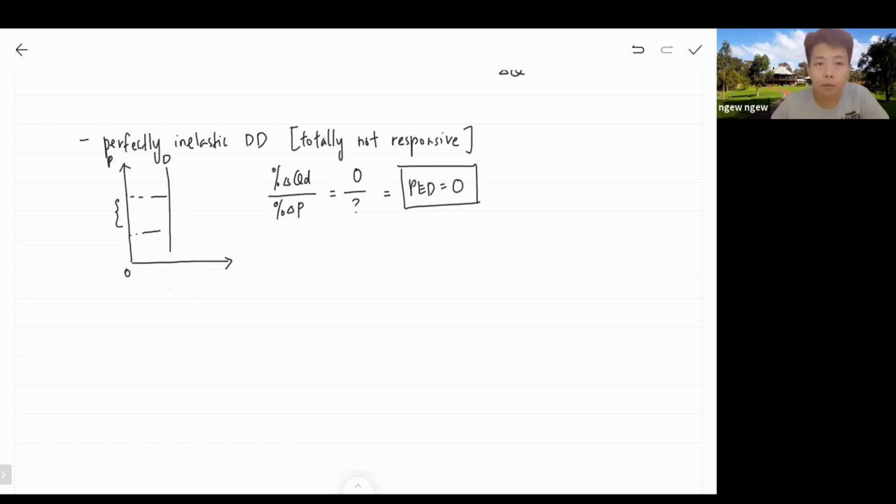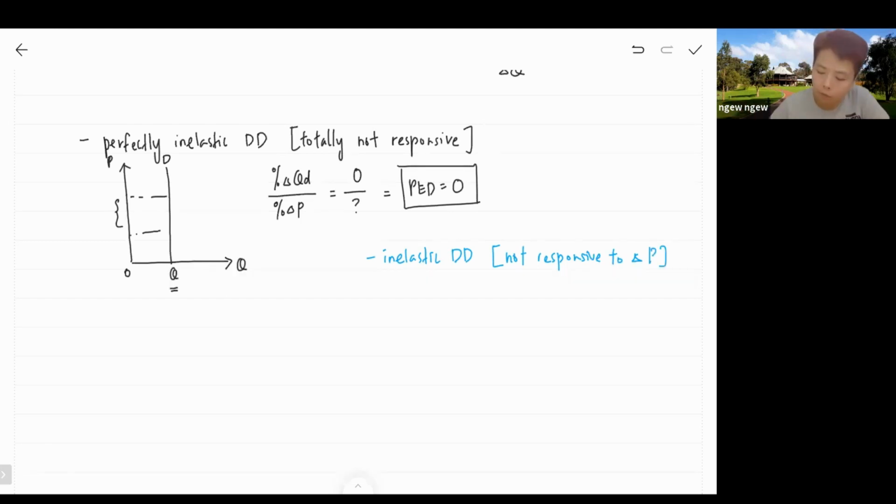Okay, so that's the first one. Secondly, we have inelastic demand. Just now we already discussed this part, which means consumers are not responsive to changes in price. Not responsive, but they still respond.